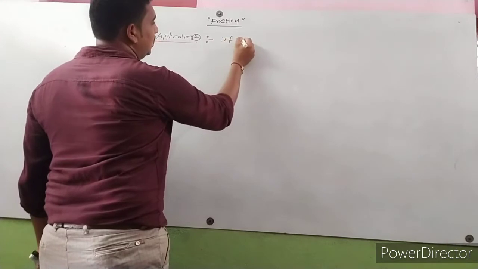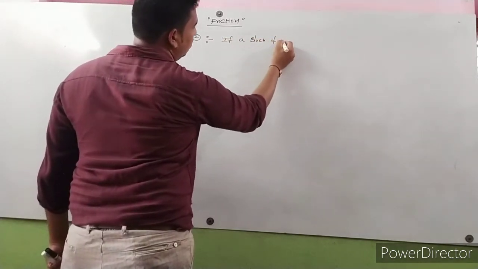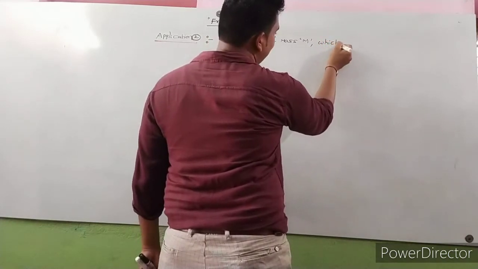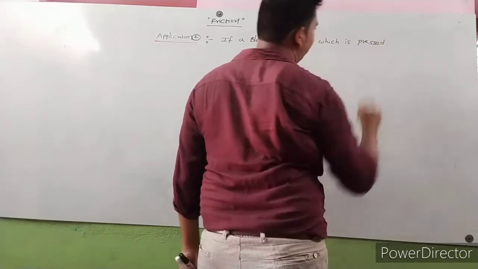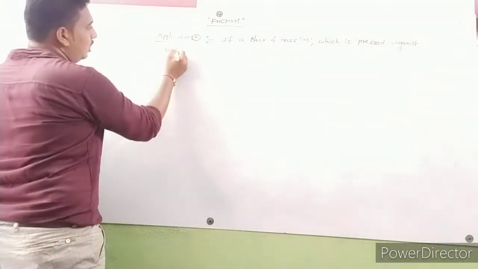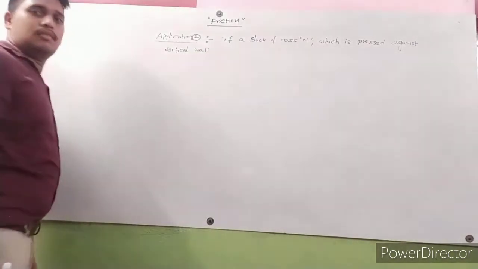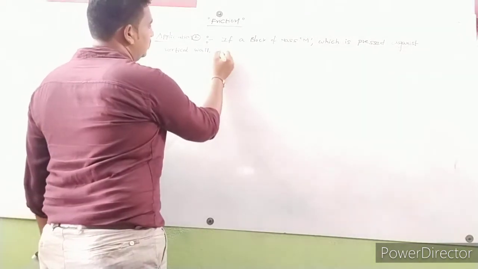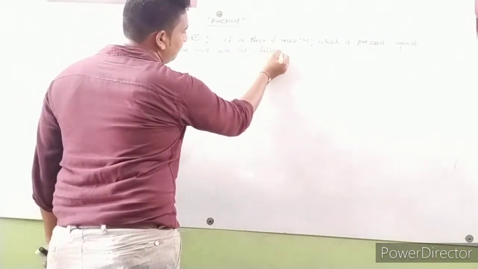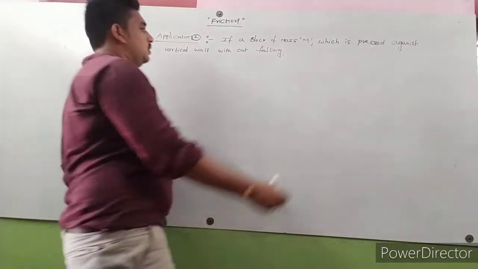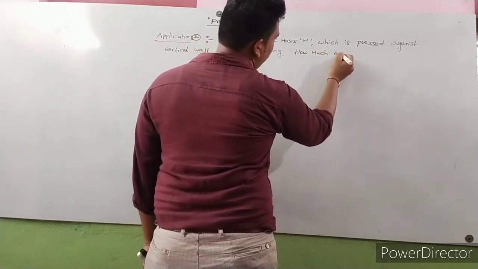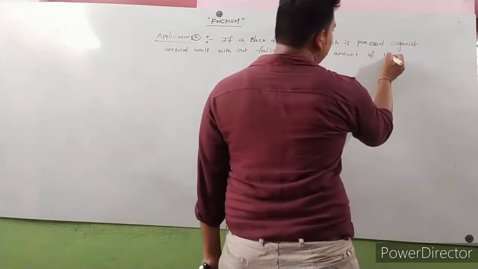If a block of mass m is pressed against a vertical wall without falling, how much amount of horizontal force is required?